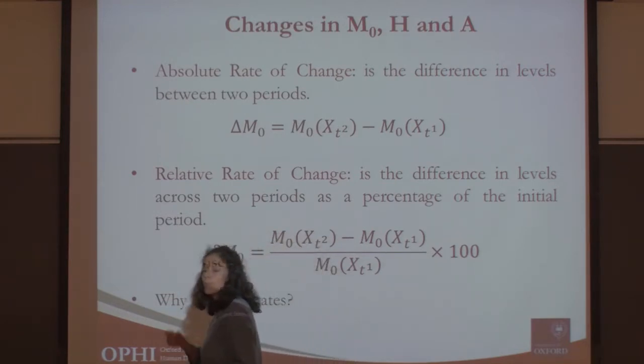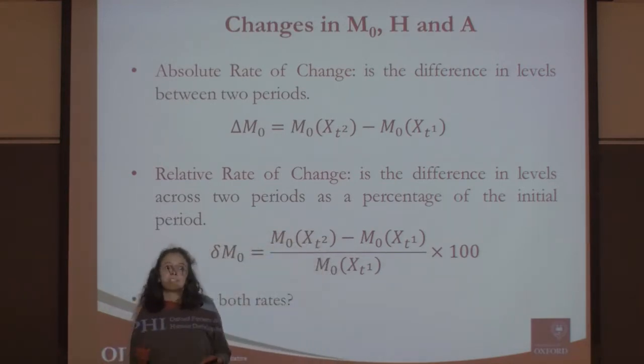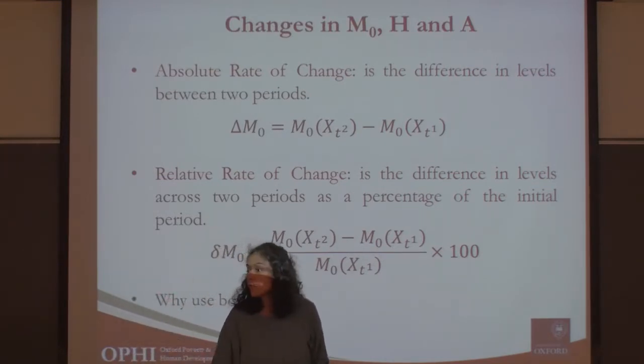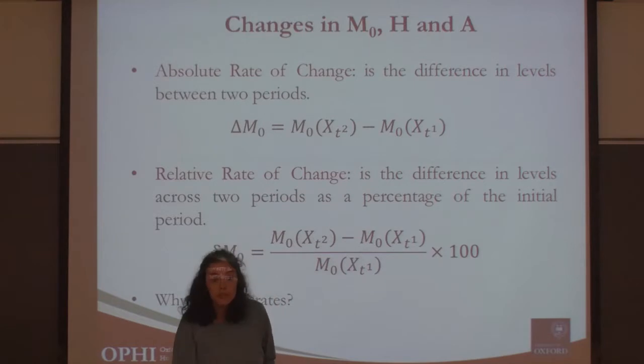But if you have a level of poverty of 0.1, it's much harder to completely take off the 0.1, and you cannot reduce 0.2. So it would be a bit unfair to compare just using the absolute rate of change, because small values could be just because the country is already at a low value of poverty to start with.